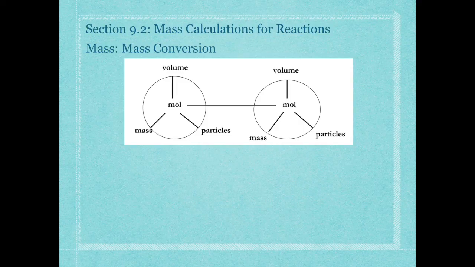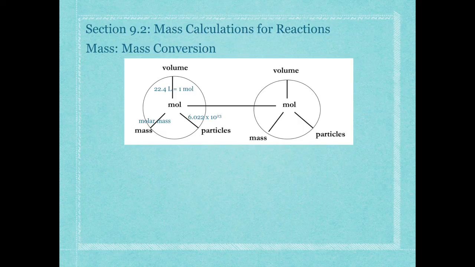So for example, if I wanted to go from volume to moles, we knew that I had to use 22.4 liters equals 1 mole when we're at standard temperature and pressure. Let's say, for example, I wanted to go from moles to mass or mass to moles, I would use my molar mass. If I wanted to go from particles to moles or moles to particles, I would use Avogadro's number.